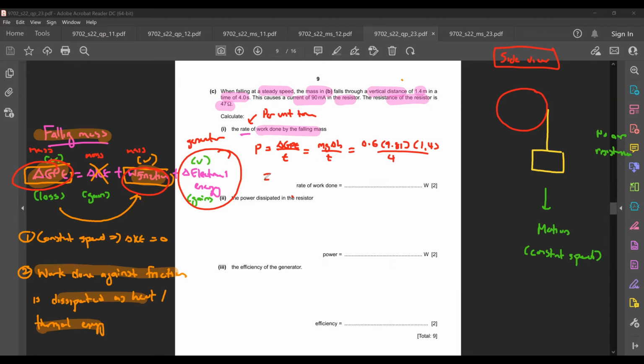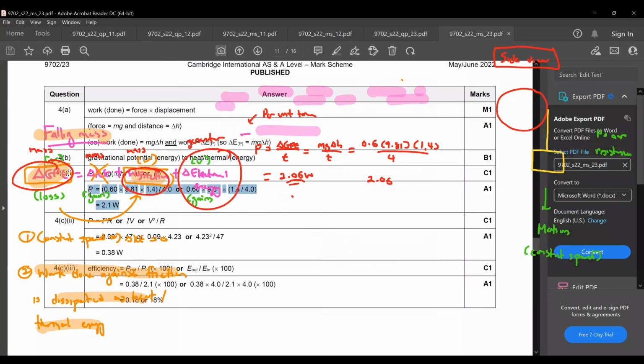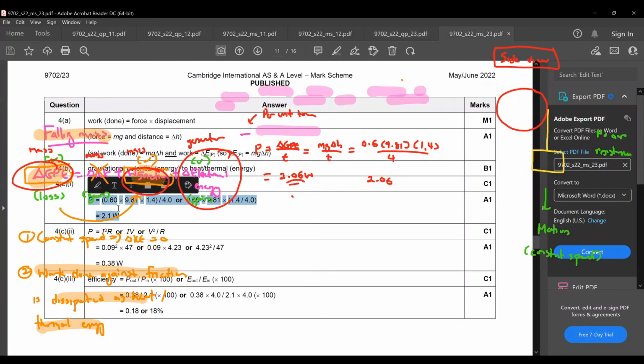You should get it as 2.06 watts. Your marking scheme would probably put it as 2.1 watts. Yeah. Okay. So they told you that this one is mg delta h divided by t. So just put in the values, you eventually get the power as 2.1 watts.